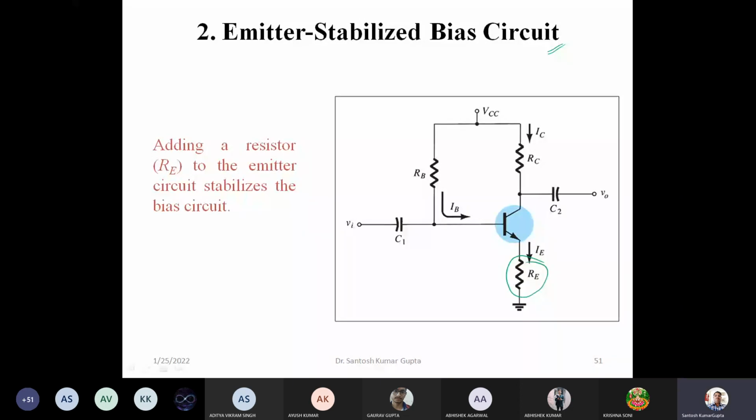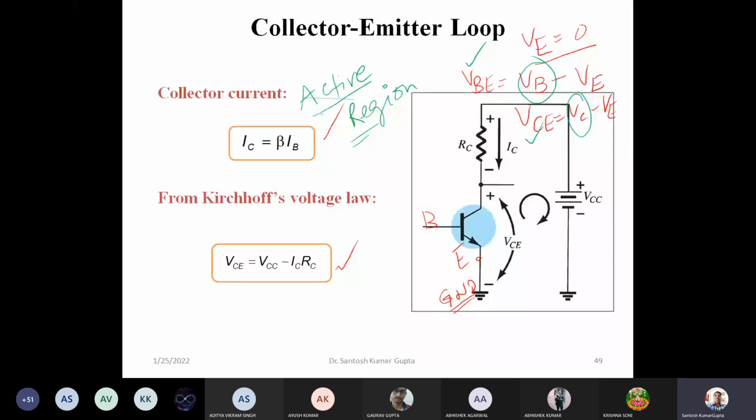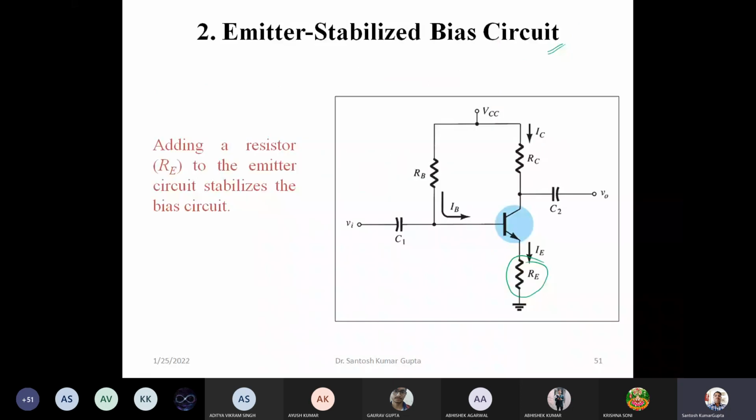In the previous case, we don't have a resistance here in the emitter. The emitter is directly grounded here. Now in this case, we add one resistance. So this addition of resistance stabilizes the biasing point of the transistor greatly.